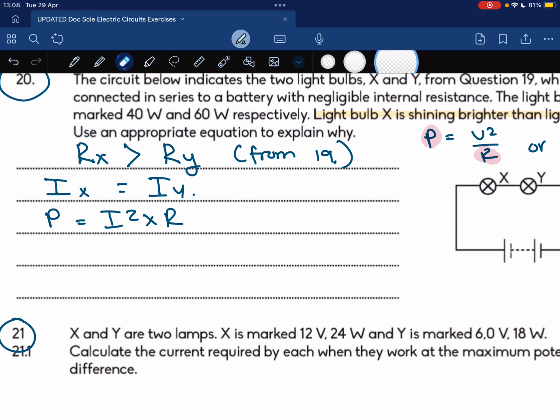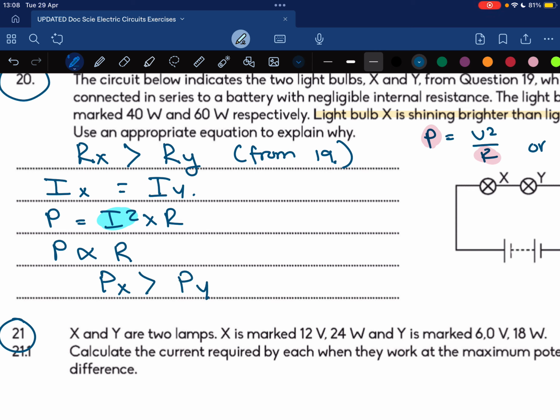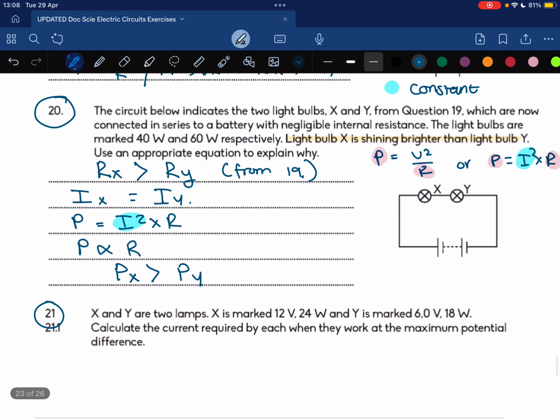Now, because the current is equal, I know that P is directly proportional to R. So if P is directly proportional to R and X has the greater resistance, then the power is going to be greater at X than it is for Y, which is why light bulb X is brighter.